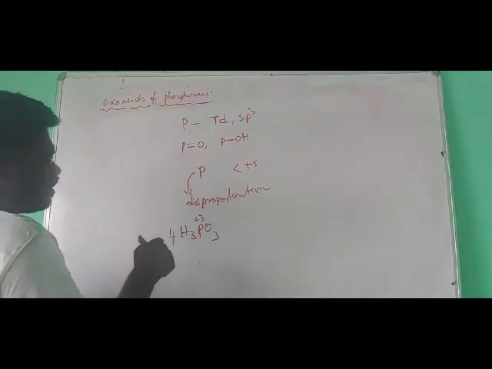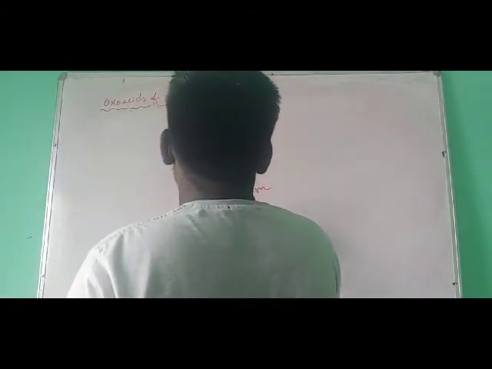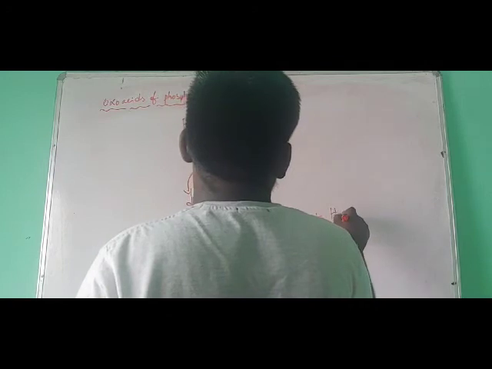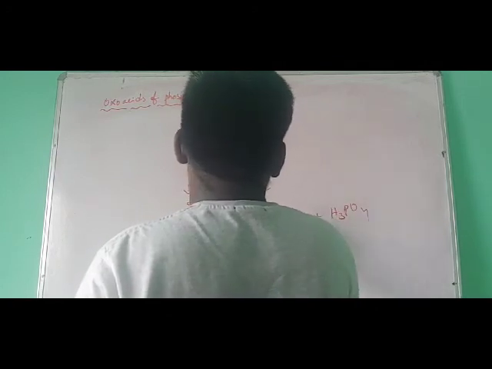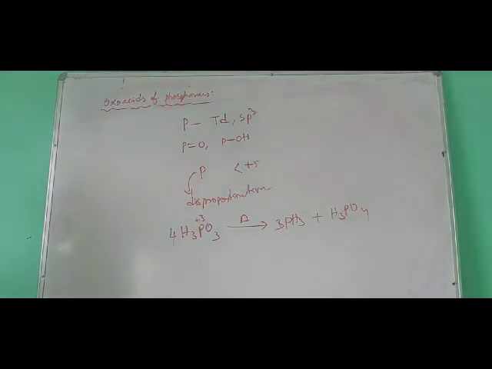H3PO3, phosphorous acid. So you know guys, in this molecule the phosphorus oxidation state is +3. Now when you heat 4 molecules of H3PO3, upon heating this one decomposes to PH3 and H3PO4. 3 moles of PH3 and 1 mole of H3PO4.